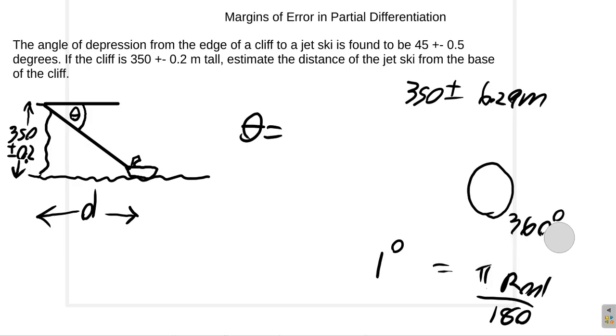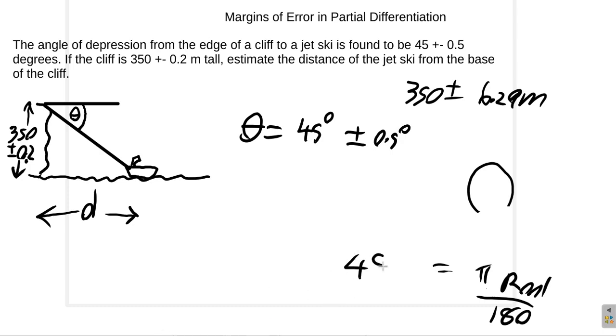Pi over 180 radians. So if you multiply this now by 45, remember it was 45 degrees plus or minus 0.5 degrees, this must also be multiplied by 45. So we have 45 pi over 180 radians over here.